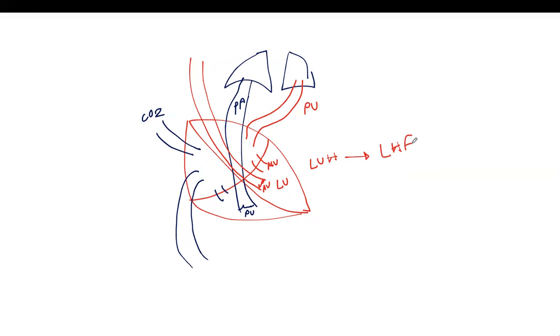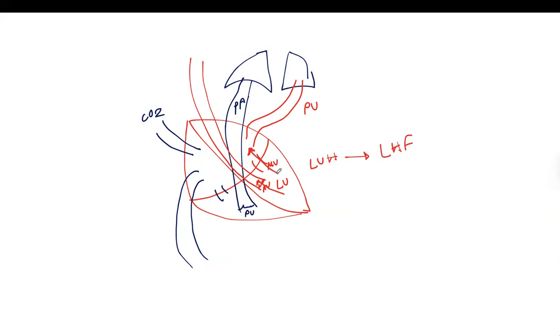What happens when there is left heart failure? If there is left heart failure, the heart will not be able to pump the blood into the aorta anymore. So if the heart is not able to pump, the blood will start to accumulate in this chamber. Once it becomes more and more accumulated, it will then go back, right?